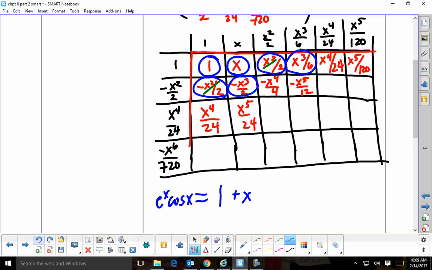I see that they're not going to cancel, but I'm just going to do some scratch work and say, hey, what's negative a half plus a 6th? I can do it over here on the side, right? And what do I get out? Negative 1/3. So I have negative 1/3 x cubed.